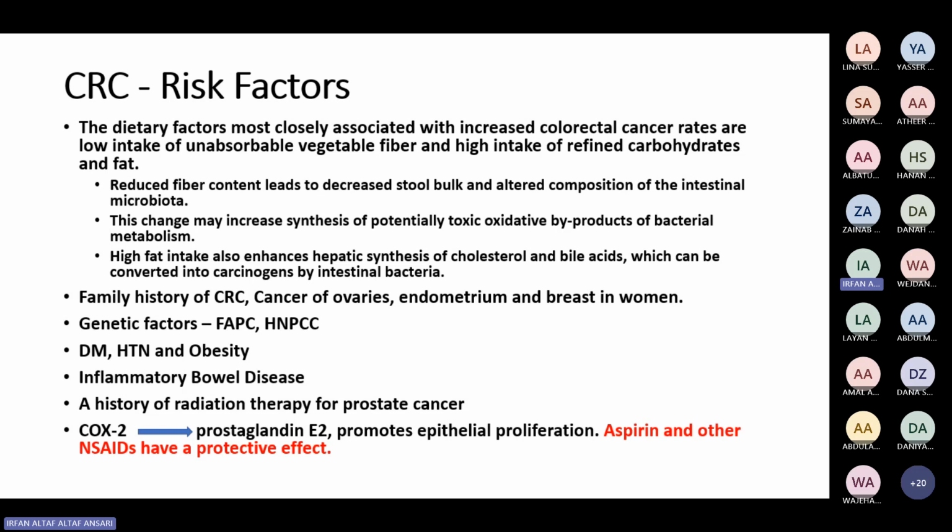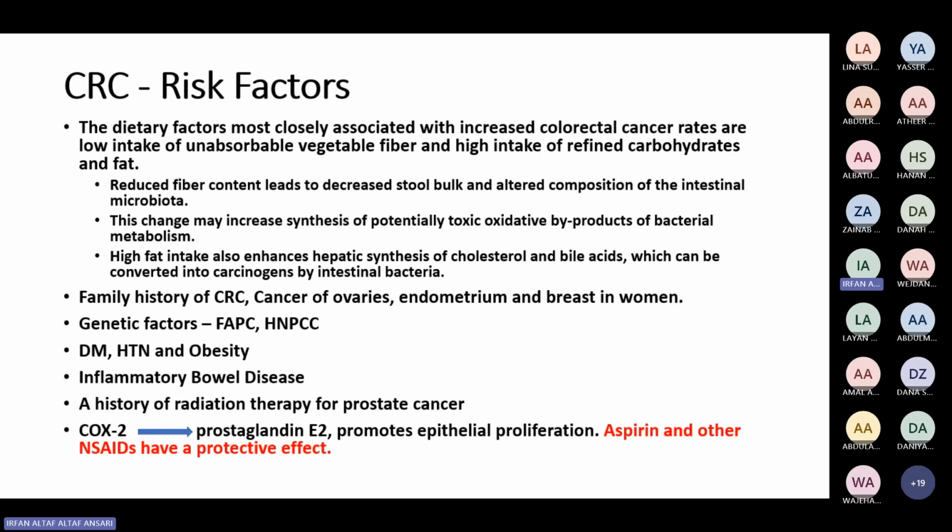Because these are diseases which are again related to dietary habits. So they also have increased risk of colorectal carcinoma. If someone has inflammatory bowel disease, especially ulcerative colitis, they also have high chances of development of colorectal carcinoma. Someone who has had exposure to radiation for other cancers such as ovarian or prostate cancer also has high chances of development of colorectal carcinoma.